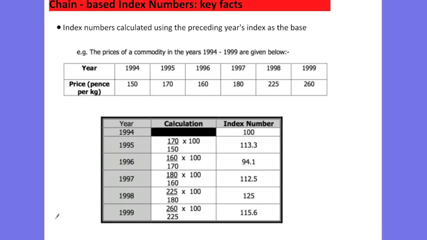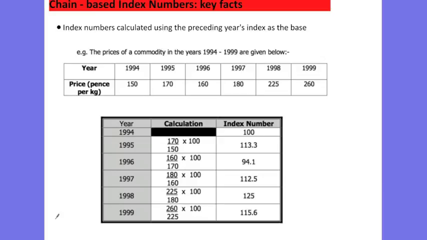We're now going to look at chain-based index numbers. These are index numbers calculated using the preceding year's index as the base. So this is the year before. Let's take a look here now. For an example, we have some commodity prices in the years 1994 to 1999.